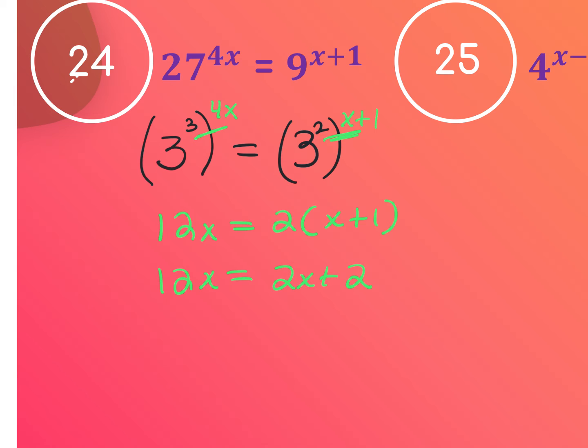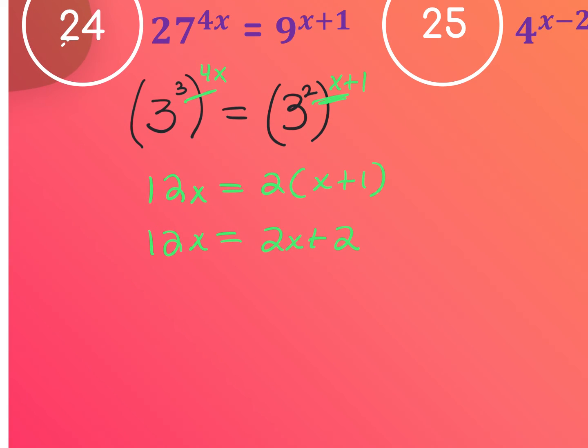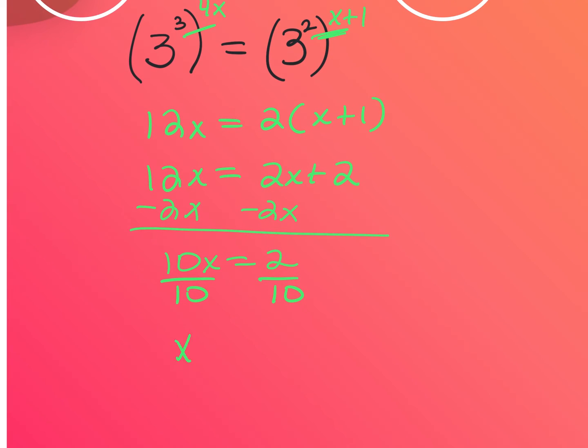And now I need to solve for x. I'll subtract 2x from both sides. I get 10x equals 2. Divide by 10. X equals 2/10. I need to reduce it, and it's 1/5.